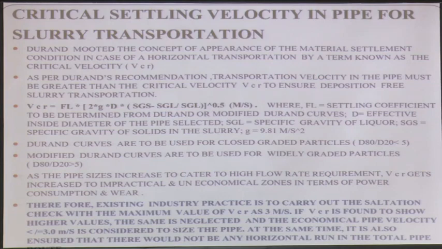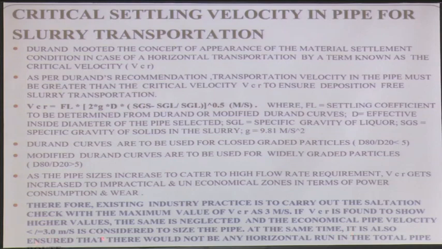If it is within 3, fine, stay with that. If VCR is found to show higher values, the same is neglected and the economical pipe velocity less than or equal to 3 meter per second is considered to size the pipe. So that means we are neglecting Durant's formula. We are telling on one hand that it has to be seen, but we are saying that we are neglecting it. Then why? What are we doing?